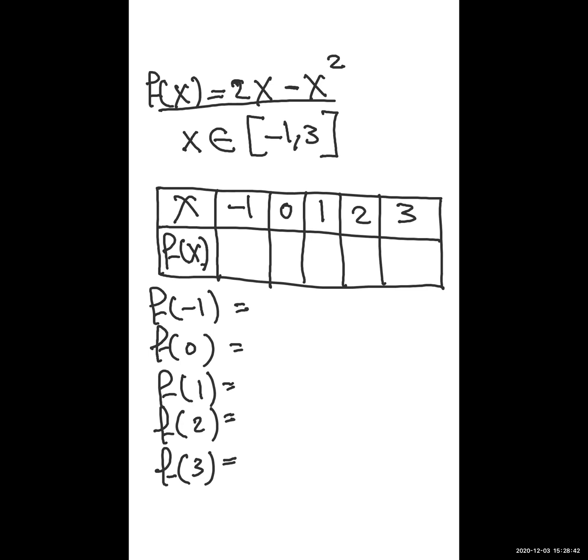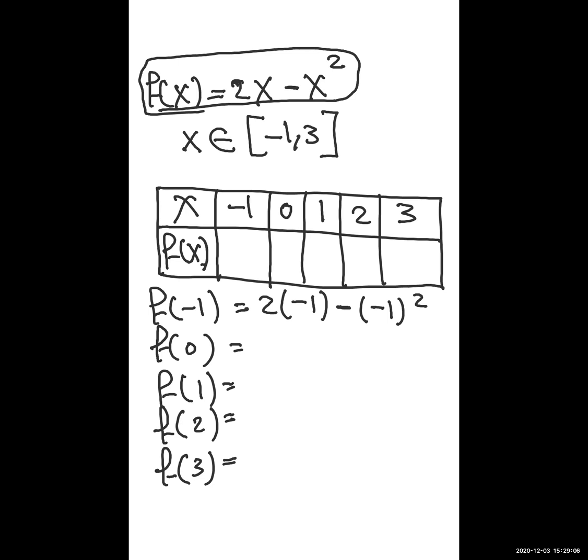So now, guys, f of -1, this one is the main function. Okay, f of -1 will equal 2 times x, which is -1 now, minus x squared, which is -1 squared. So 2 times -1 means -2, and -1 squared means 1.